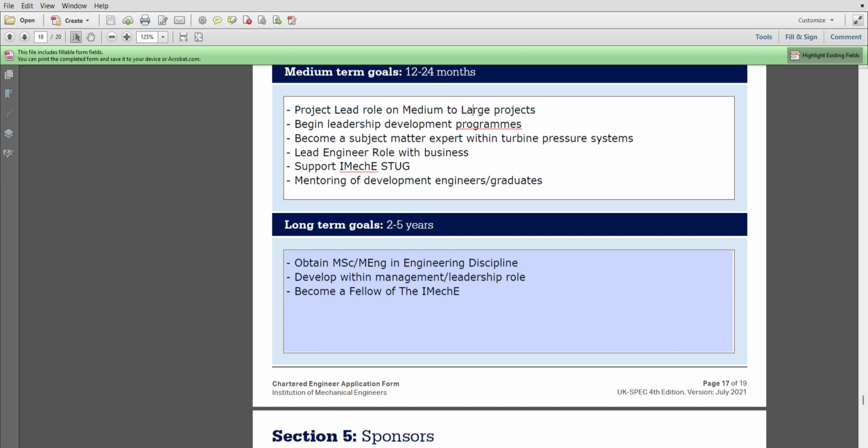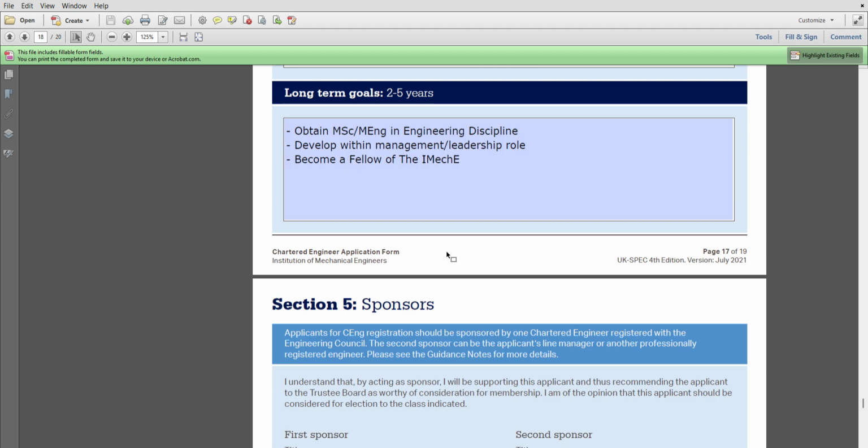Over 5 years, the candidate plans to become a fellow of the IMechE and also to obtain a master's degree in an engineering field.